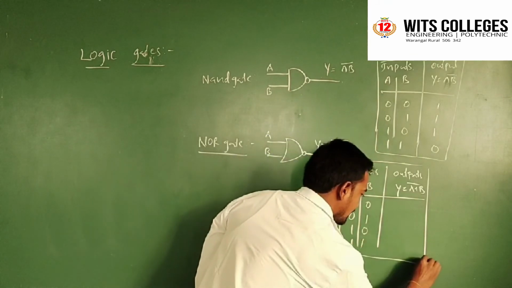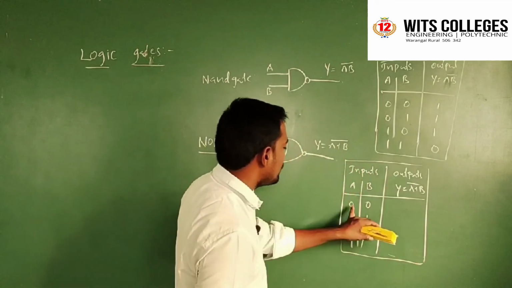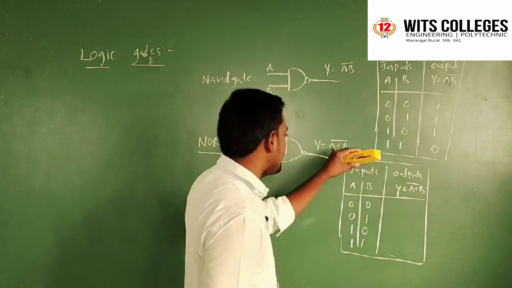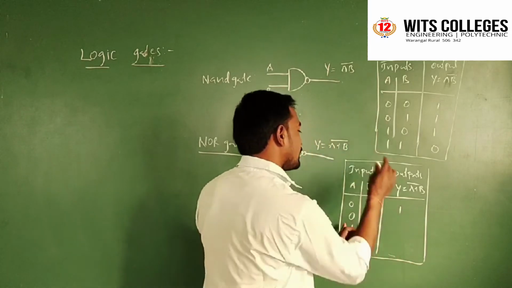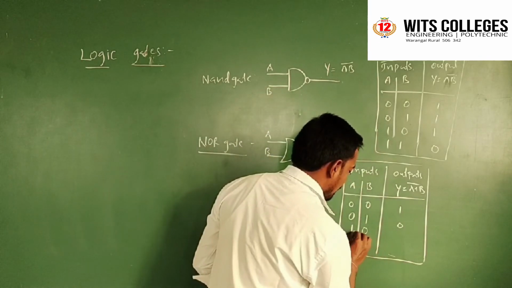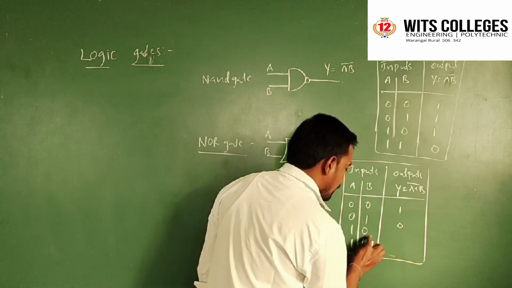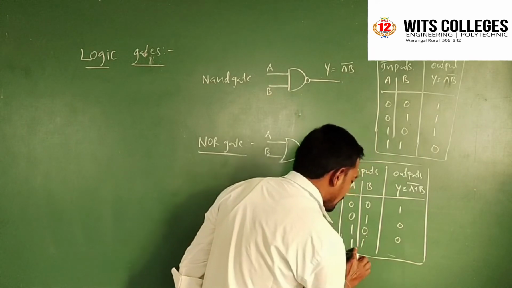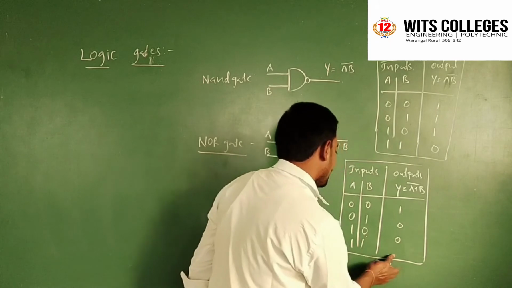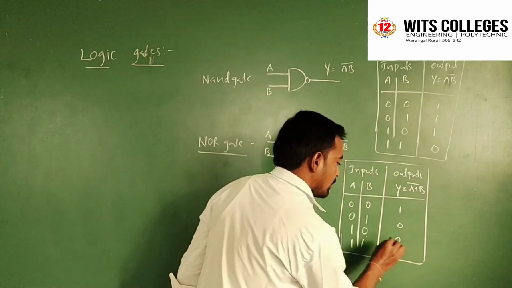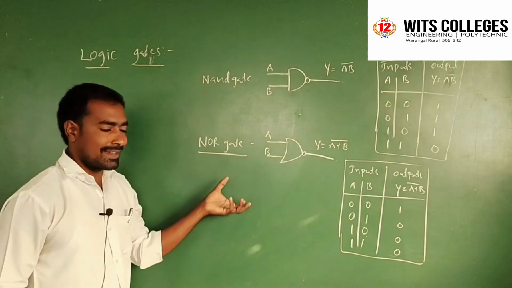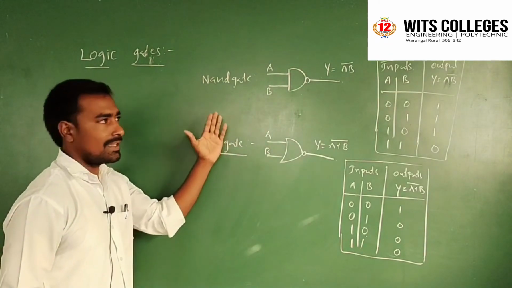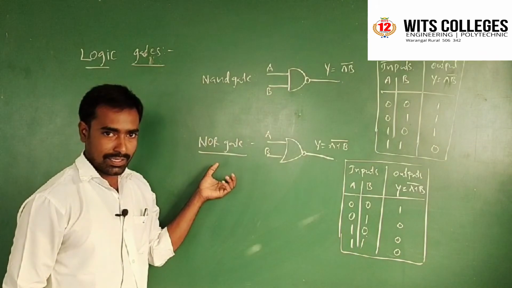These are all the combinations we have. 0 plus 0 equal to 0, 0 complement is 1. 0 plus 1 equal to 1, 1 complement is 0. 1 plus 0 is equal to 1, 1 complement is 0. 1 plus 1 equal to 1, 1 complement here is 0. Okay, so this is the truth table and logic diagram of the universal gates, the NAND gate and NOR gate.